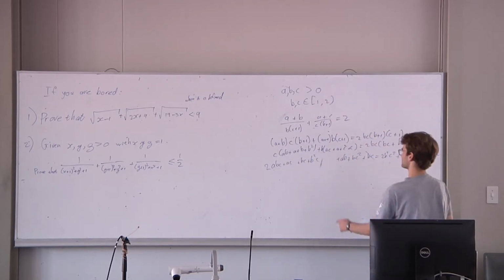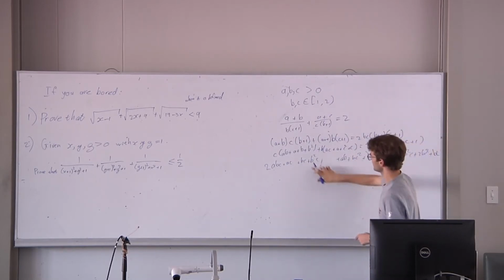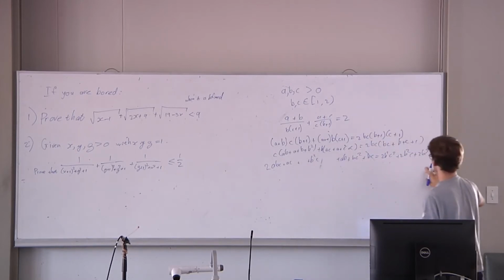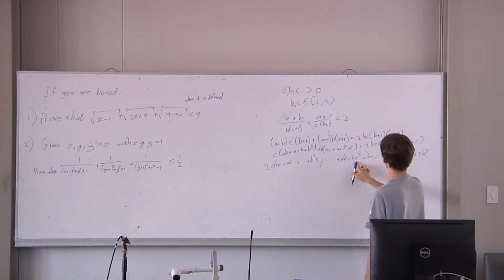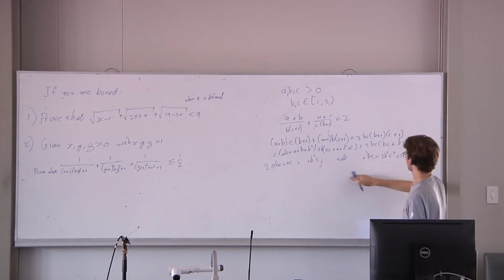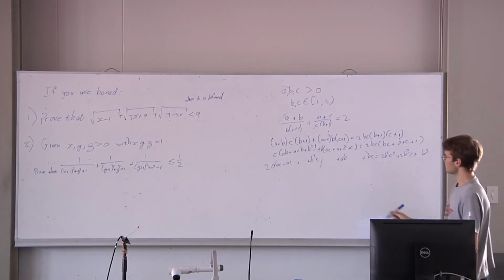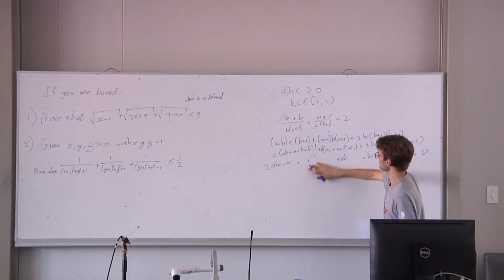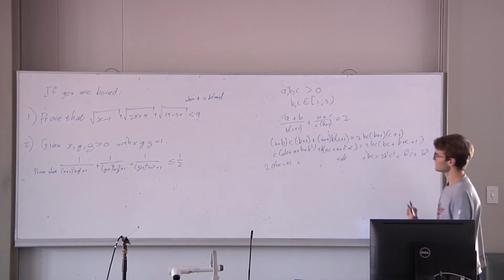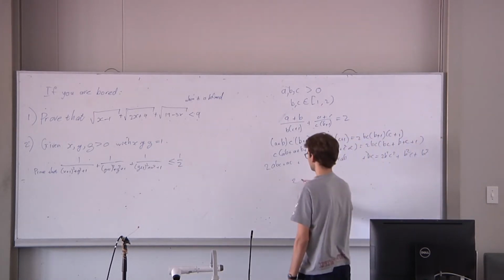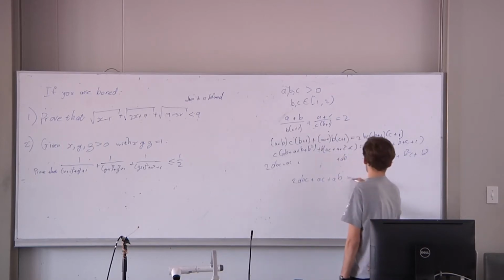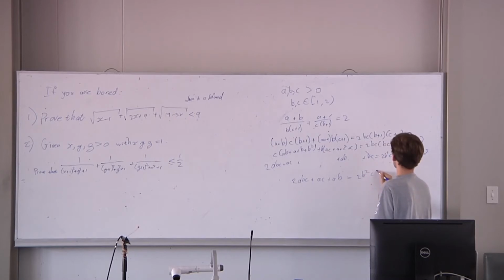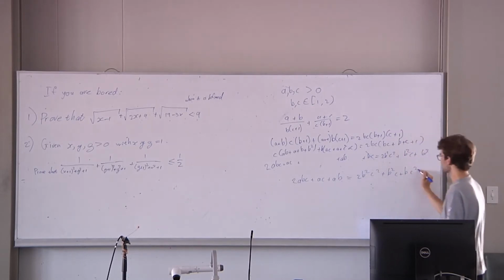And then there's a bc squared over here, which cancels with one of these. So then there's a b squared c over here, which cancels with one of these, and you're left with 2abc plus ac plus ab equals 2b squared c squared plus b squared c plus bc squared.